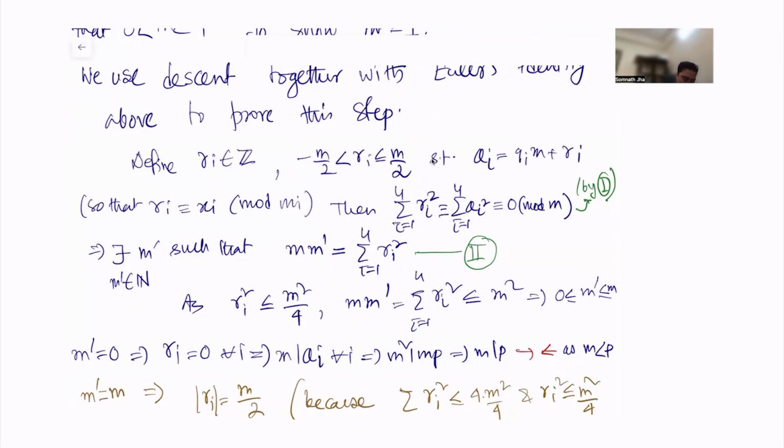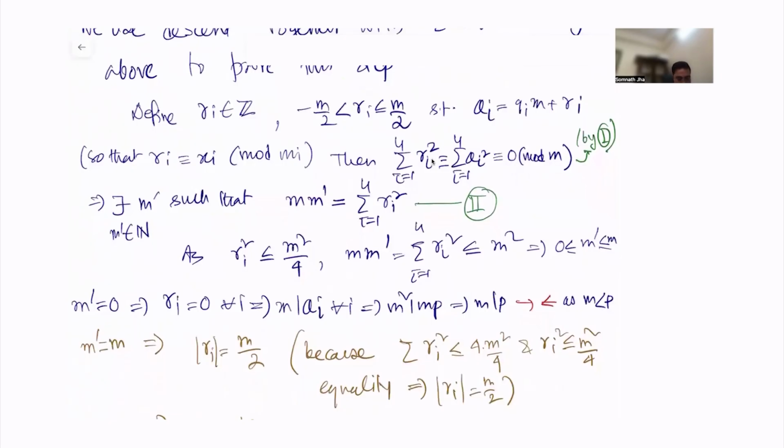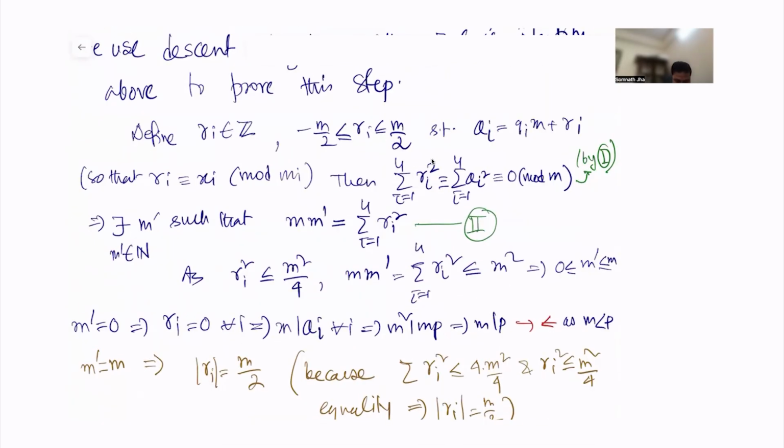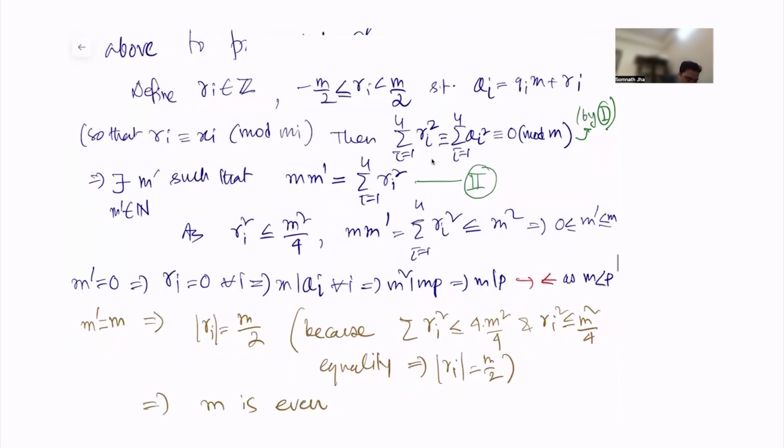If one is strictly less than m squared by 4, then the sum cannot equal m squared. It can only happen if each Ri is plus or minus m by 2. So Ri is m by 2, that will mean m is even. So m is even, that will mean, yeah, here it doesn't really matter.